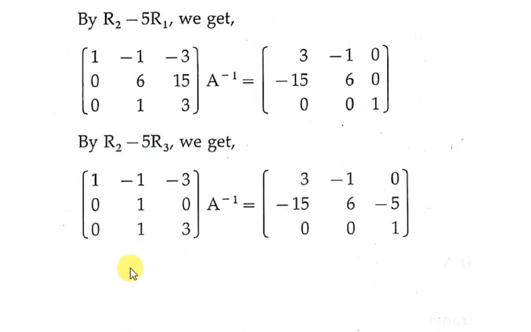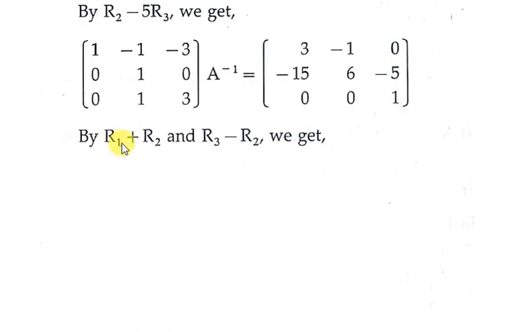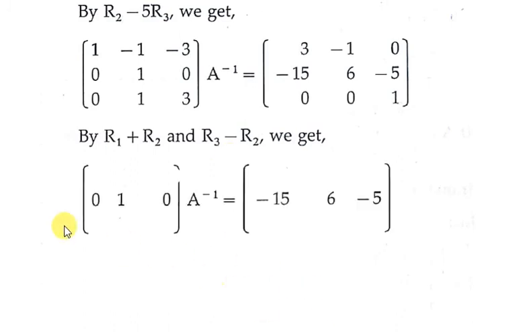So two equations are going to change: R1 changes to R1 plus R2, and R3 changes to R3 minus R2. In that case the first row and third row will change, and the second row stays the same, so we write the second row as it is.